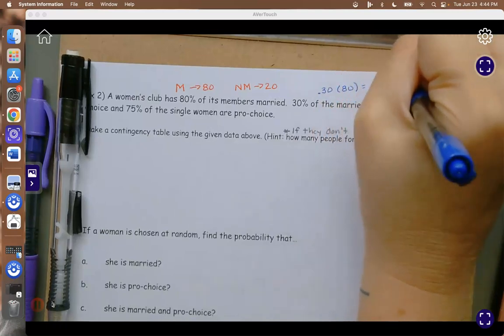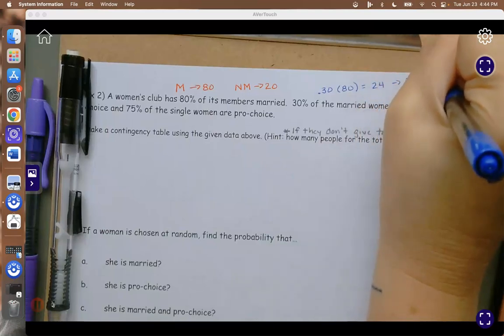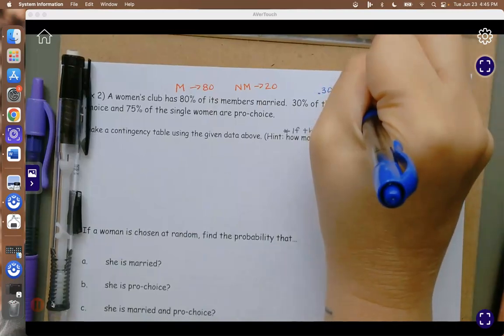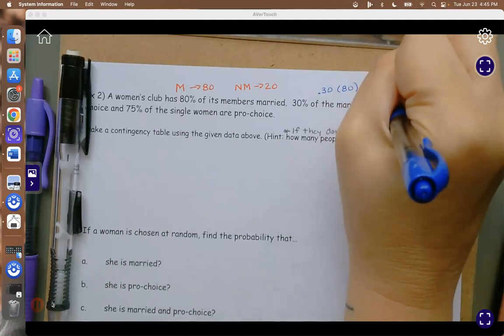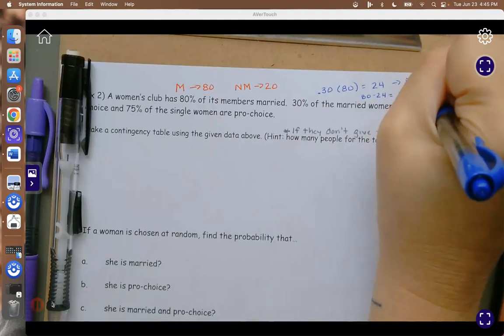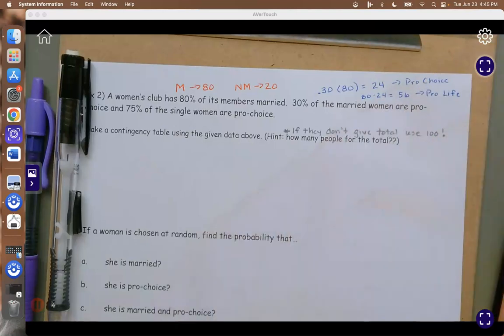And that's your pro-choice. So that means that you would do 80 minus 24. That gives you 56. And that would be your pro-life.